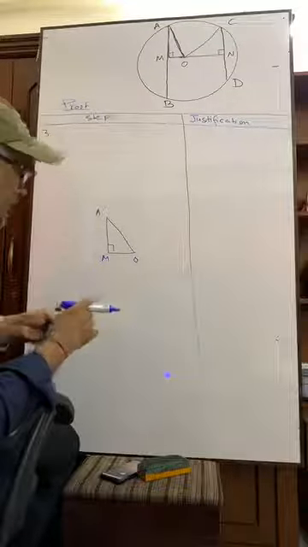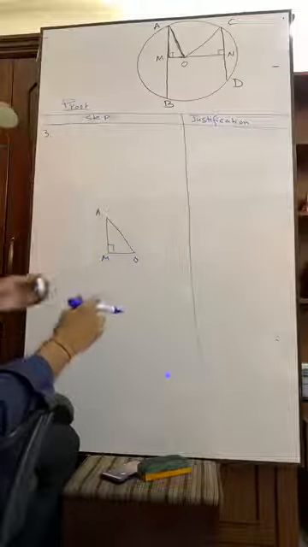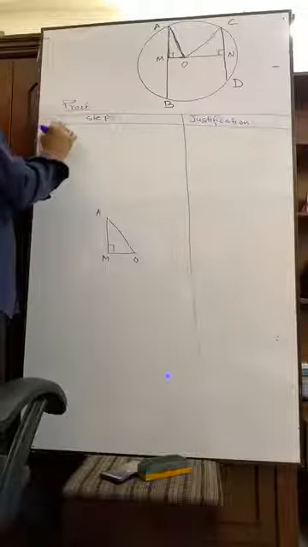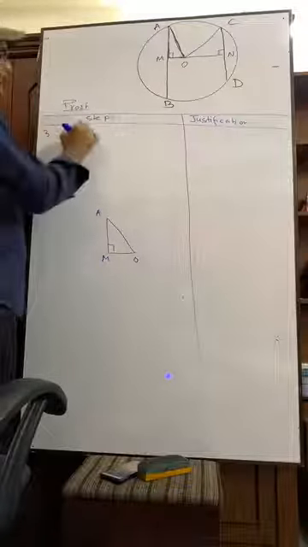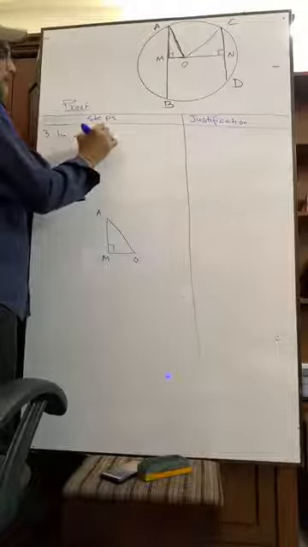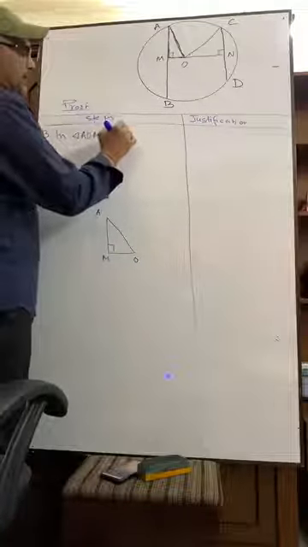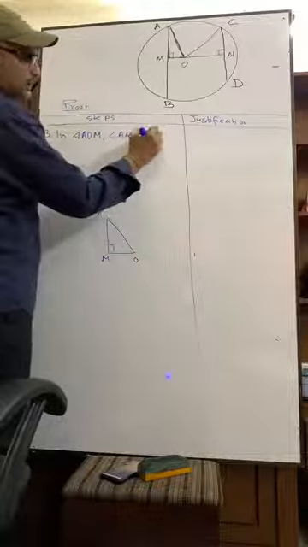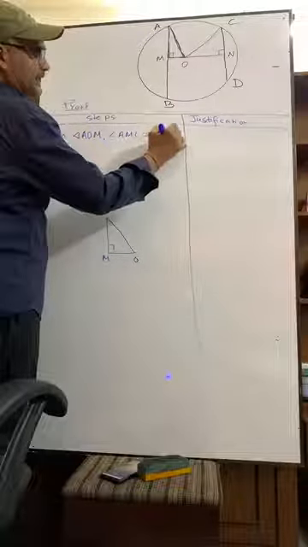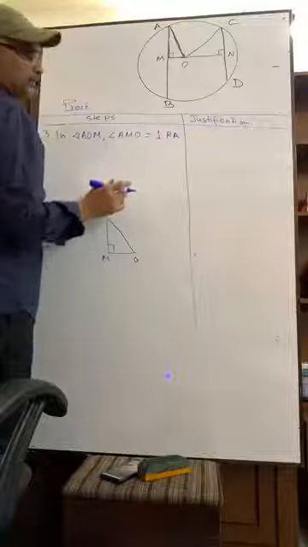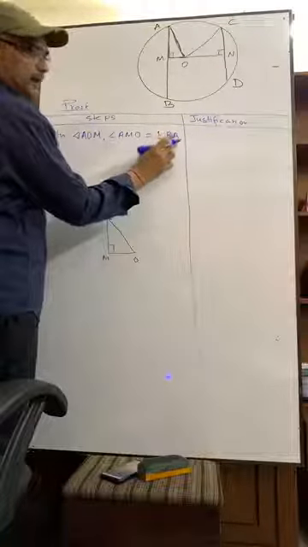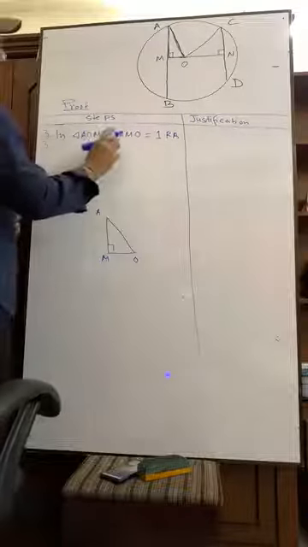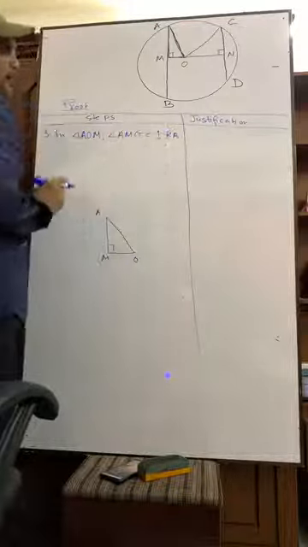That means we can write: in triangle AOM, angle AMO is equal to one right angle.